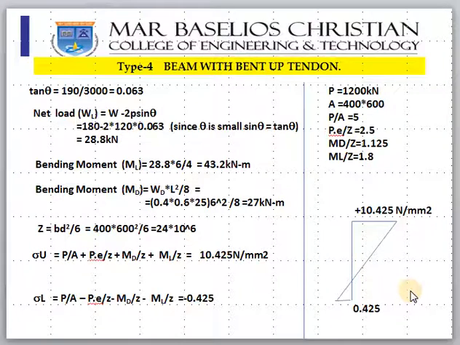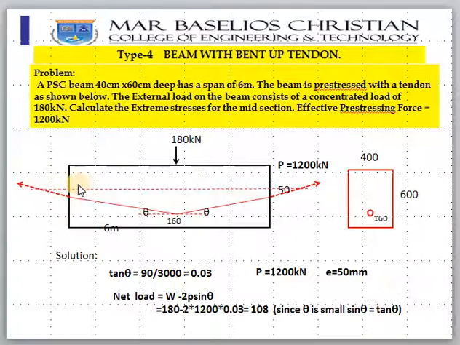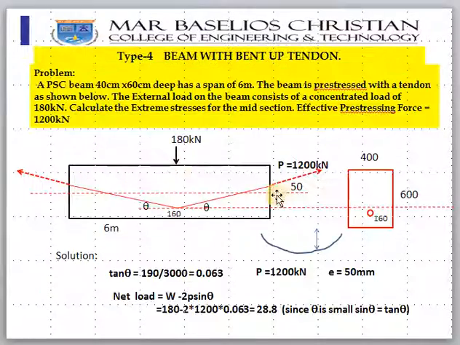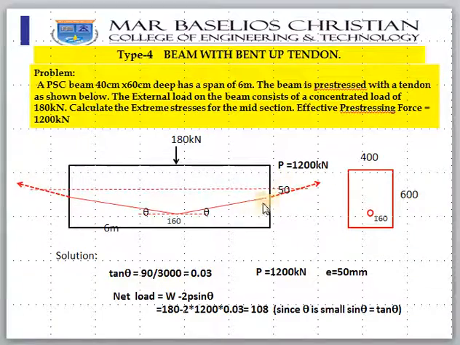Okay, so we will do another variation of the previous problem. It was above the neutral axis. Now the same case below the neutral axis, 50 mm below. So what difference does it make? The only difference is that since the eccentricity is below the neutral axis, it will bend like this because of the PE moment.